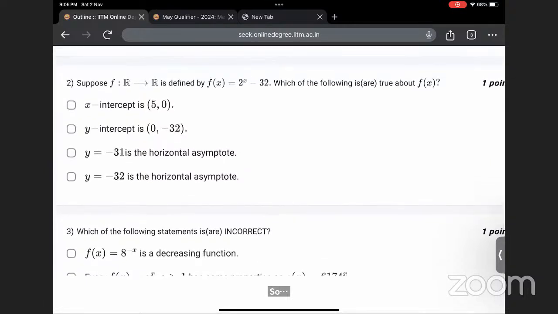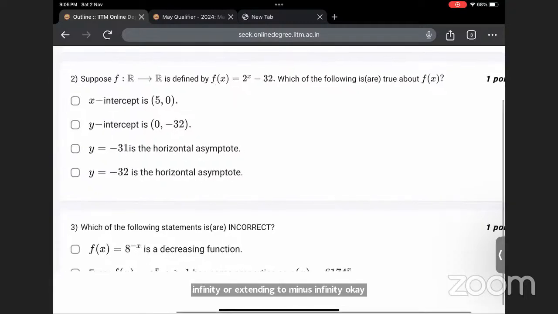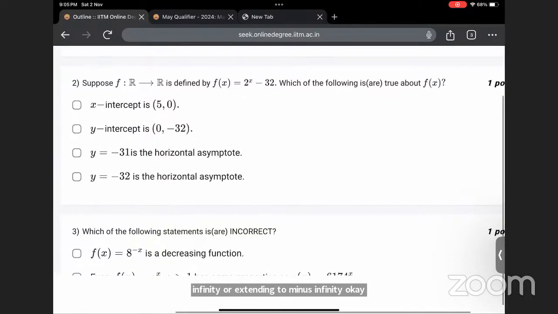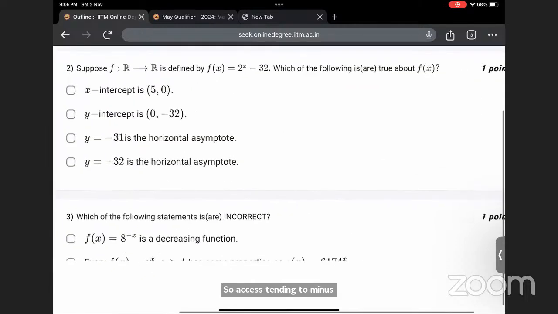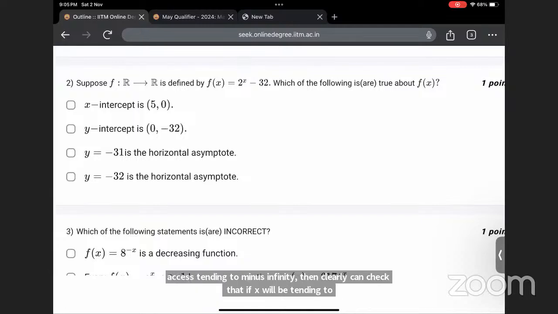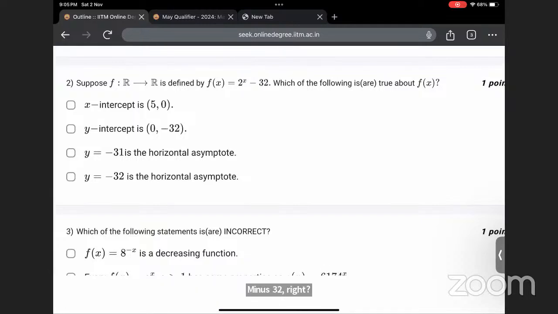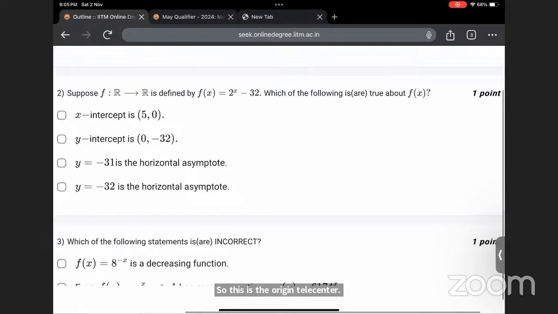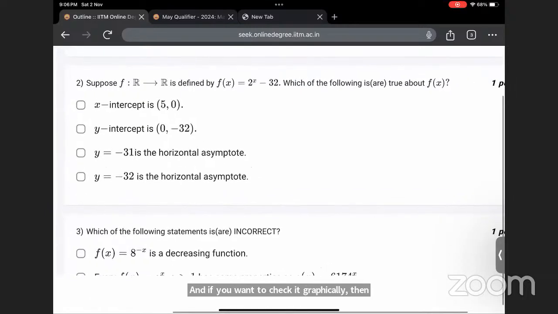First, if you want to solve it mathematically, then you just need to check the limit when x is tending to infinity or x is tending to minus infinity. So if x is tending to minus infinity, then clearly you can check that f(x) will be tending to minus 32, right? So this is the horizontal asymptote. And if you want to check it graphically, then we can also do it.